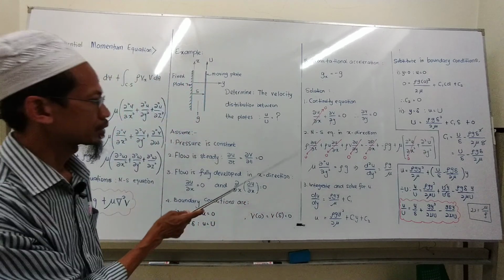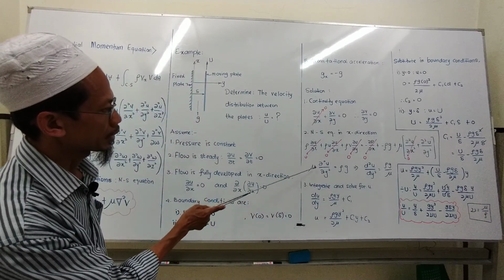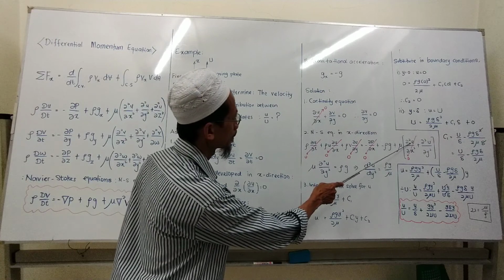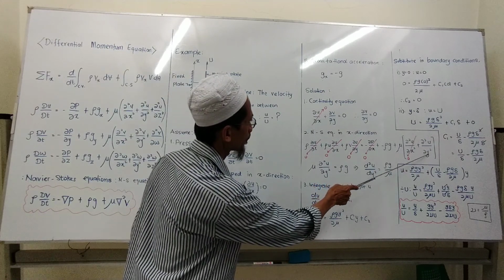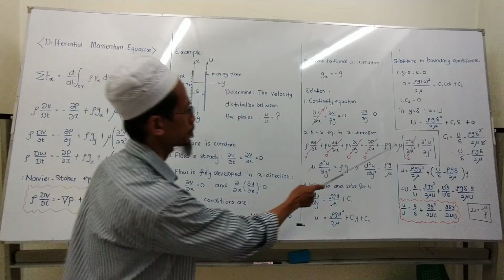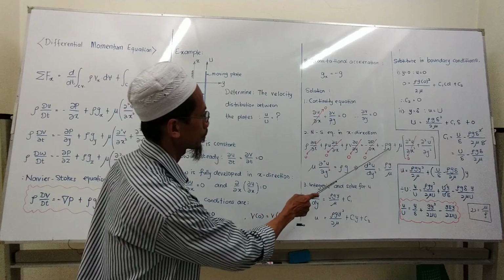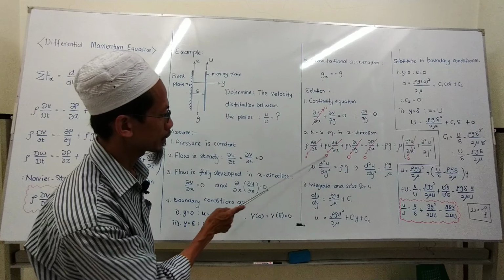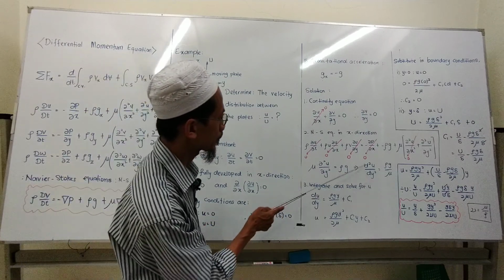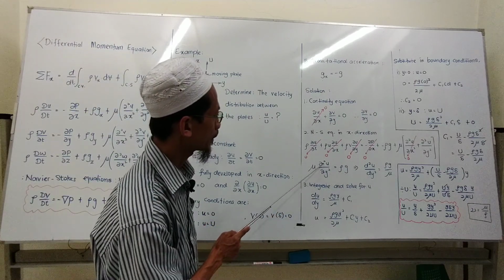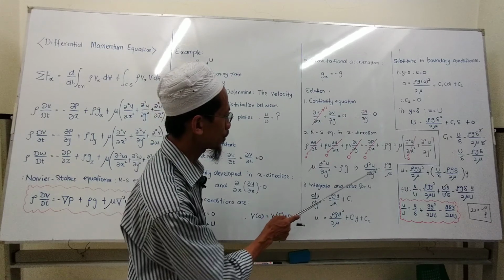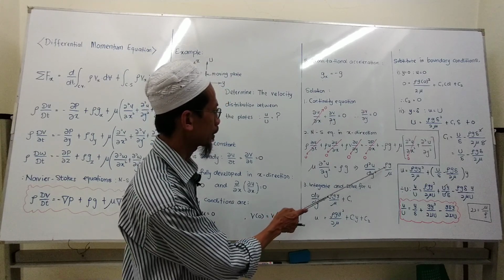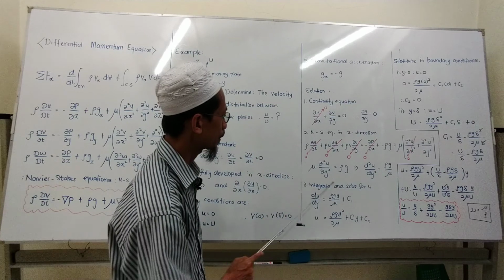Then you get μ ∂²u/∂y² equal to ρg. This is a partial derivative, so for the total derivative we can write d²u/dy² equal to ρg over μ.